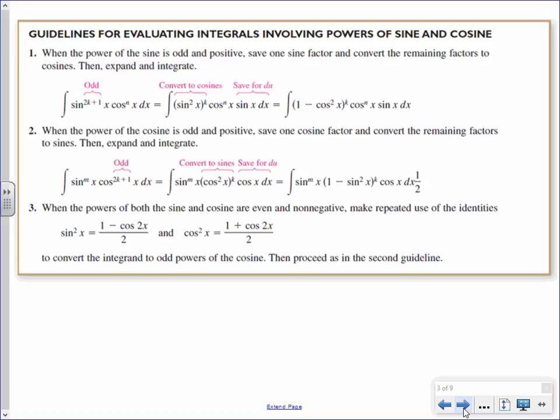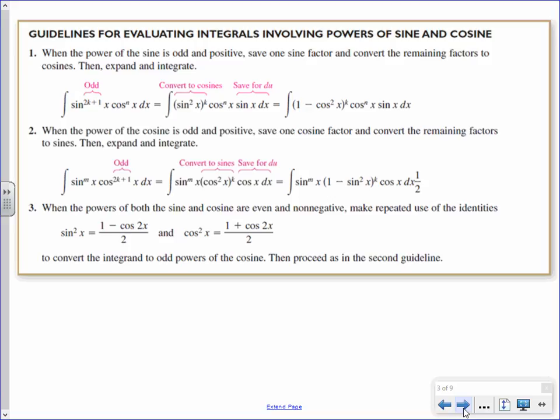If you have a power of sine or cosine without the other function, then we can use our power reducing formulas to help us there. Basically, whoever's the odd man out, you're going to save 1, change the rest. That is going to be our strategy. This is copy pasted from the book, so if you need to reference it, you can. What I would write down is change the odd man.